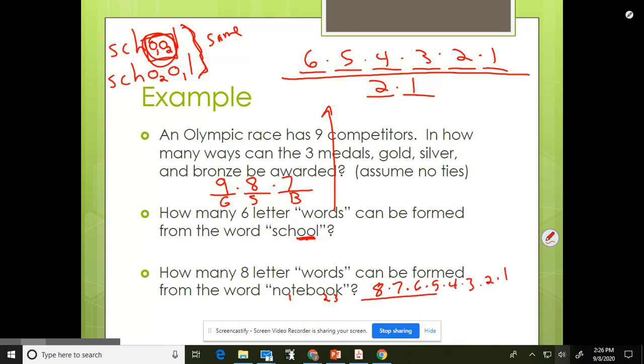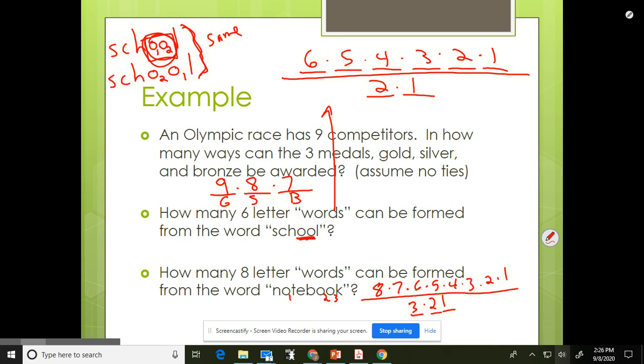Now I've got to divide by how many ways I can arrange my repeats. I have 3 O's now, so I divide by 3 times 2 times 1. Again, I can arrange my O's in any of those ways, basically in 6 ways.